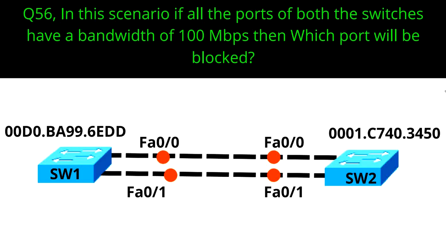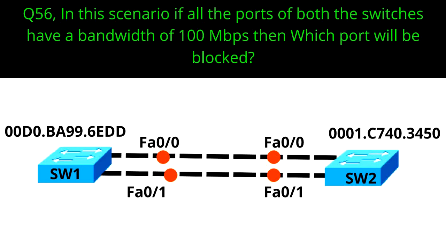A port on which a switch transmits superior BPDU will become the designated port, DP, and a port on which a switch receives superior BPDU will become RP, root port. So which switch will transmit superior BPDU? The root bridge switch.